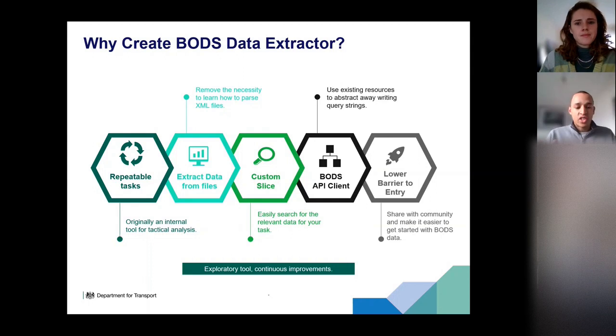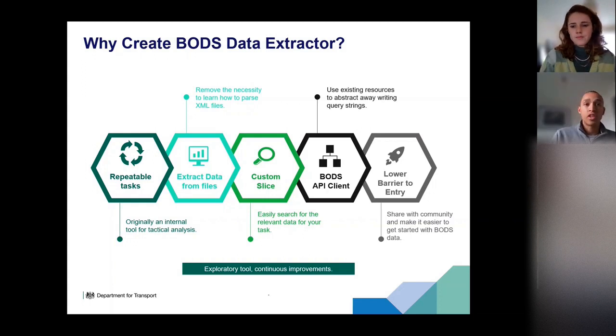So there's kind of two things happening here, really. We've got the central BODS platform, where you can request features for the API through the help desk, and there's links to that on the repo on the GitHub, but I can take you through that as well. If you want a change to the core API, I'd encourage you to raise a request there, and that's where we'll raise it with the team.